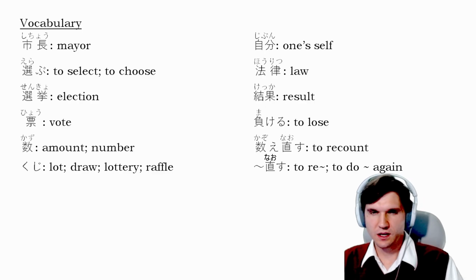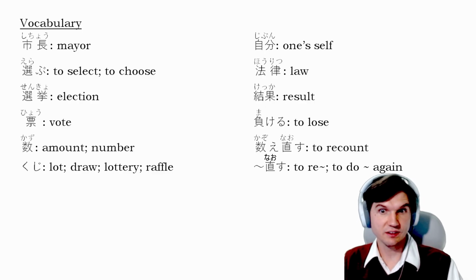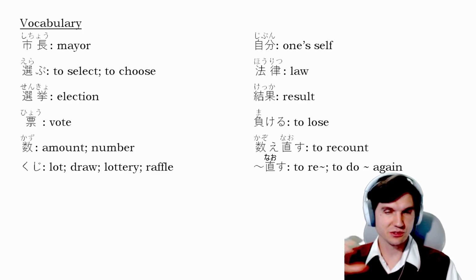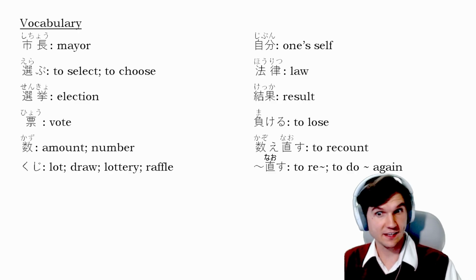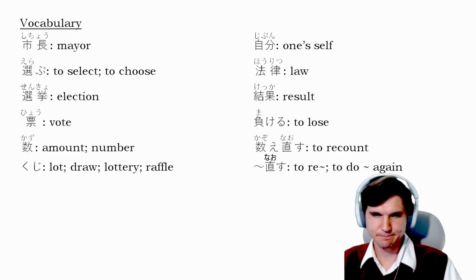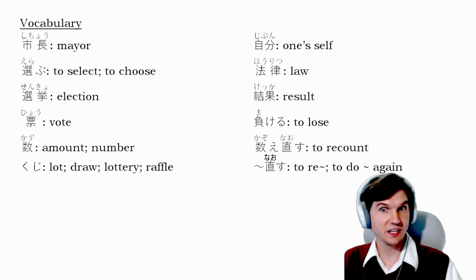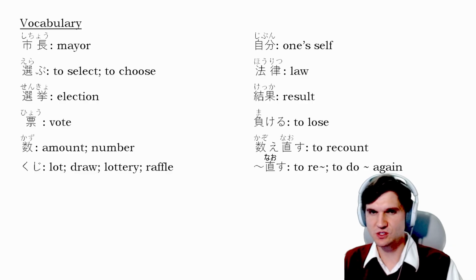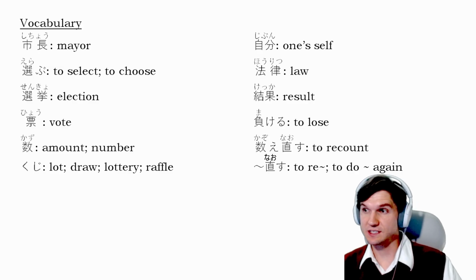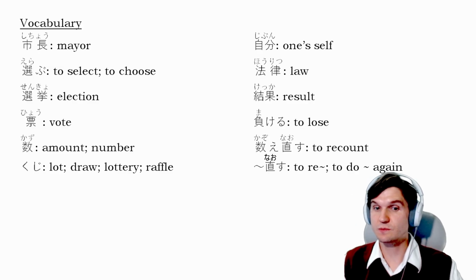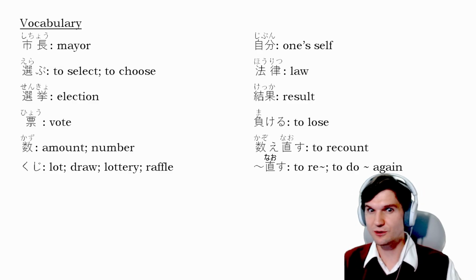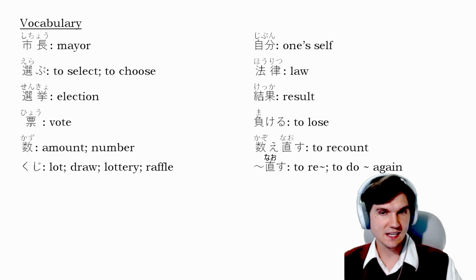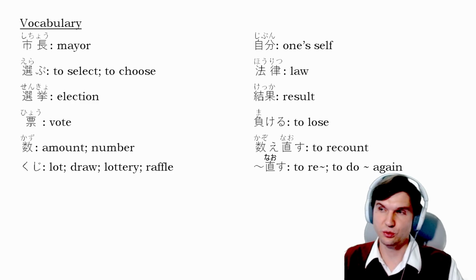You'll see this a lot where you add 直す to the end of it to mean to do that thing again. 直す by itself means to fix it, so you can think of it like by doing it again, you're fixing it. So here 数える to count, 数え直す to count again. That's the last one on this list. You can use 直す with other verbs to mean if you didn't do it correctly the first time, you can redo it or do it again.